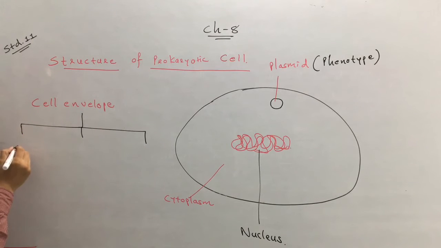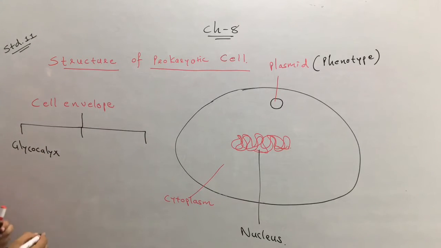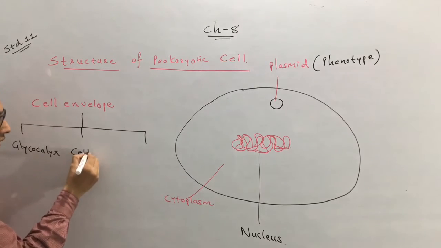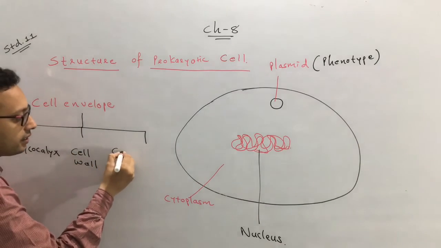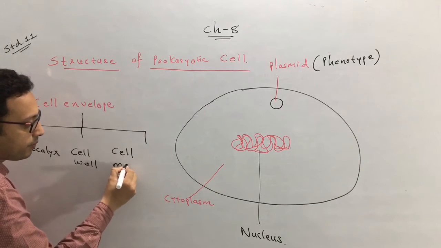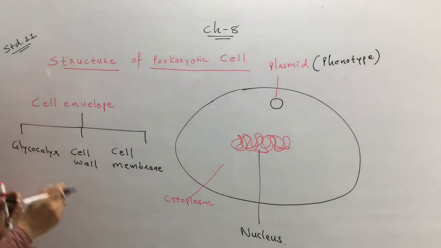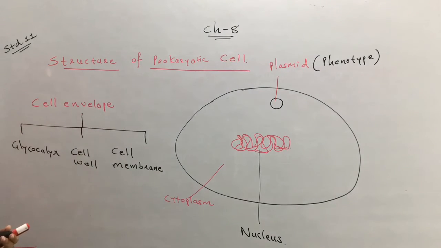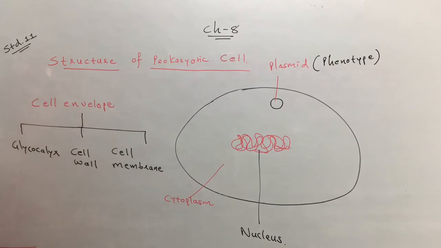The first one is called the glycocalyx. The second one is called the cell wall. And the third layer is called the cell membrane. These are the 3 layers which form a cell envelope. These 3 layers together form the cell envelope.